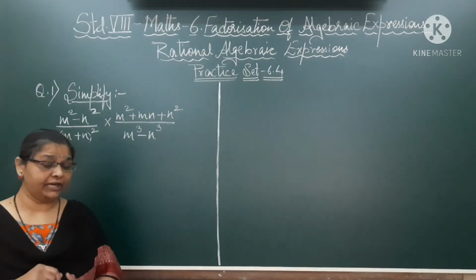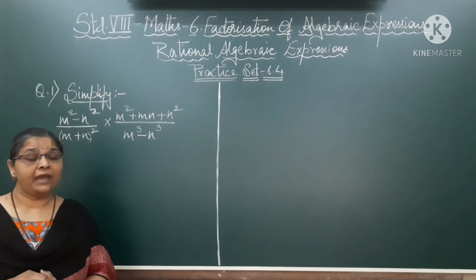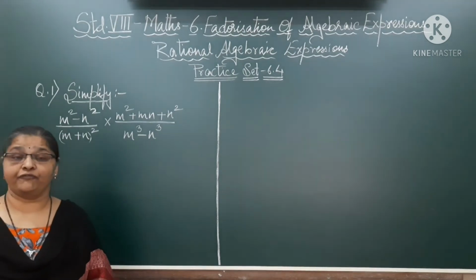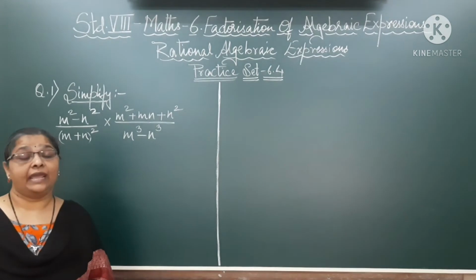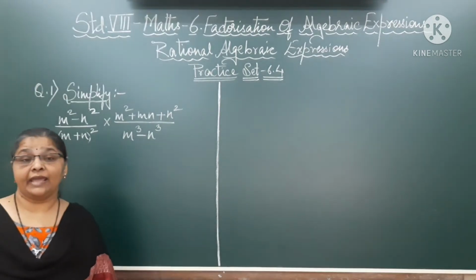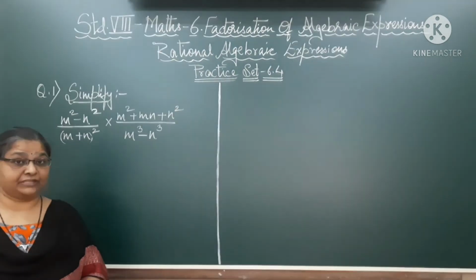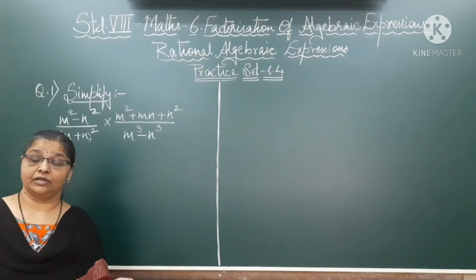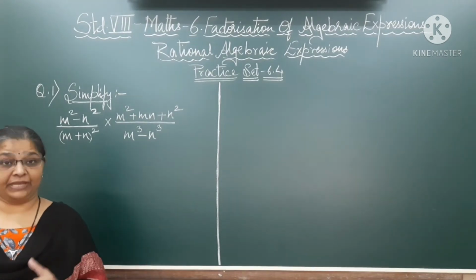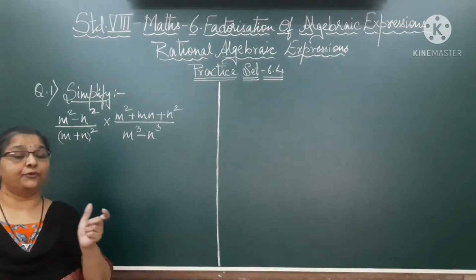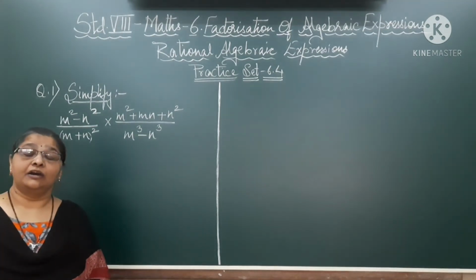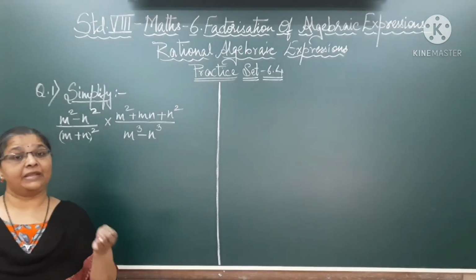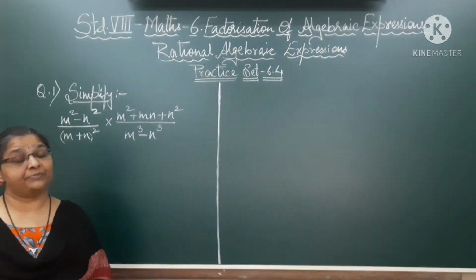Now you have already learned many formulae and many factors of various algebraic expressions like a plus b the whole square, a minus b the whole square, a square minus b square. Then you have also learned about a cube plus b cube, a cube minus b cube. You have also learned the expansion of a plus b the whole cube, a minus b the whole cube.